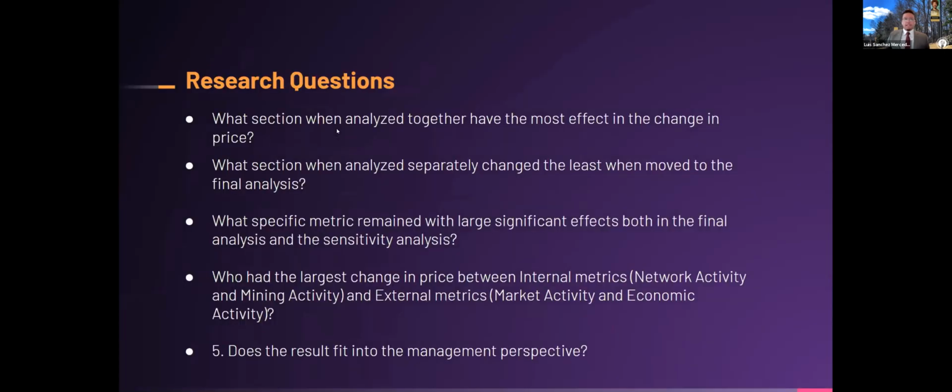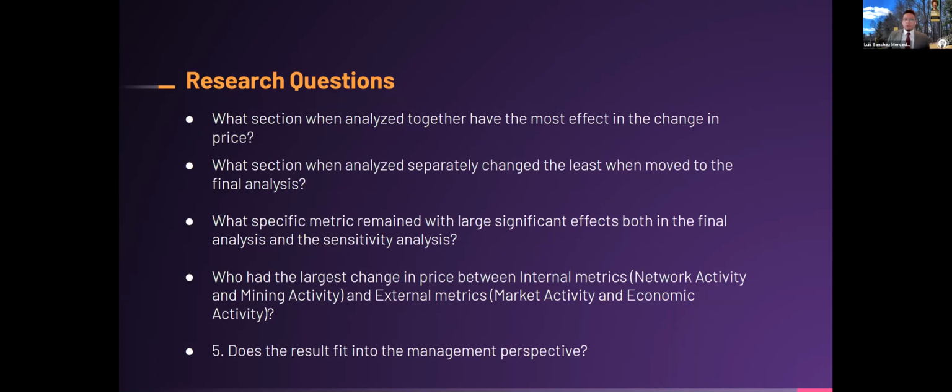The research questions that I imposed upon myself, the first one was: what section, when analyzed together, was the most effective in terms of the changes in price? The next question that I wanted to answer was: what section, when analyzed separately, changes the least when you move from analyzing it individually to analyzing it as a whole, and what specific metric within all the metrics that I analyzed remains largely significant, both from the initial and the final model?